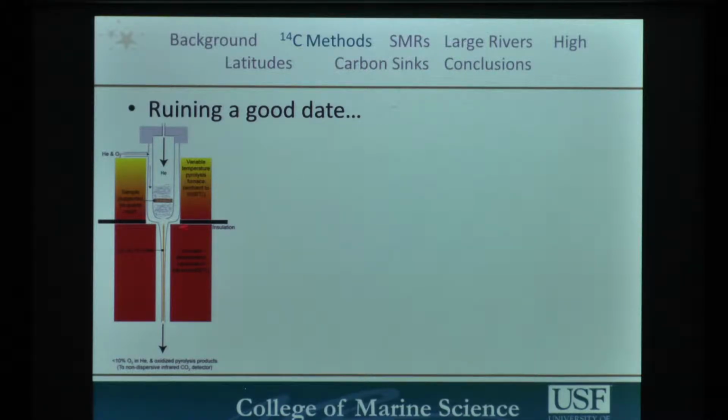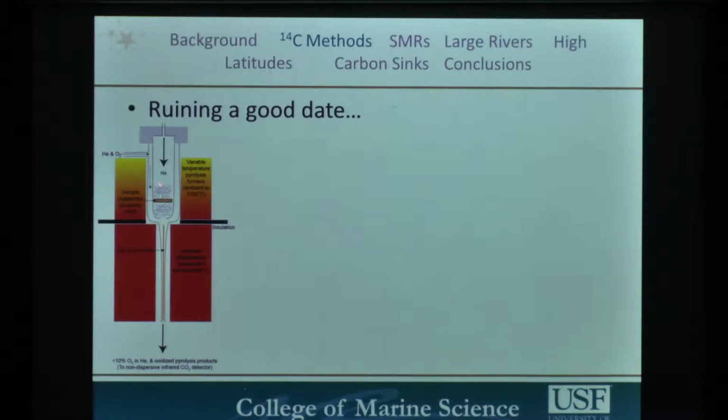This is a cross-section of our system, and we have a furnace on top that we gradually ramp up the temperature of. That's where our sample is held, with a helium atmosphere flowing through it. We gradually ramp the temperature up at 5 degrees a minute. As the temperature increases, the organic components in the sediment start to become unstable at different temperatures, and they break apart.